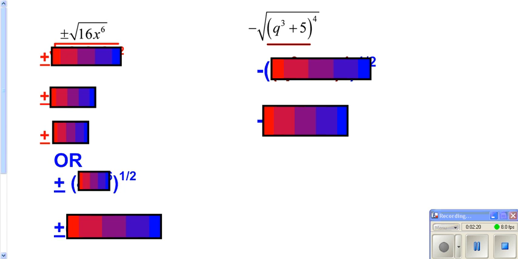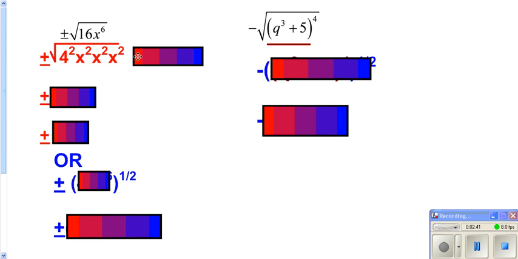Well, let's start taking a look at roots. Here we're dealing with a square root, so I want to go ahead and rewrite everything on the inside of my root as something squared. 16, you should know, is a 4 squared. Well, an x to the 6th is really an x squared times another x squared times a third x squared, because remember, when you're multiplying your bases, you end up adding your exponents.